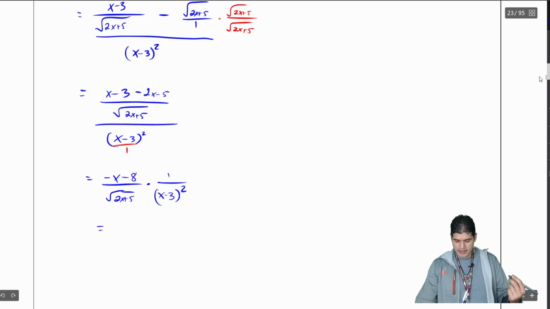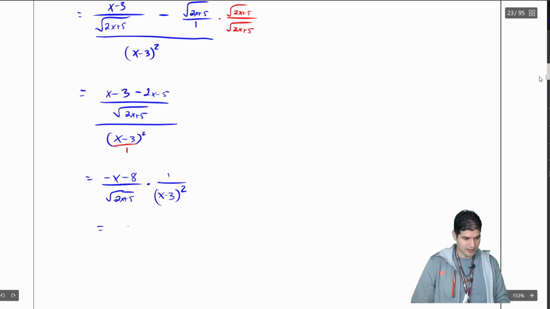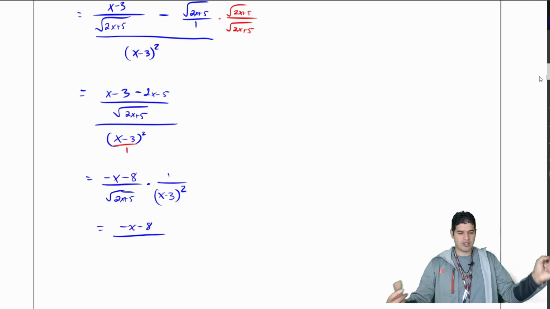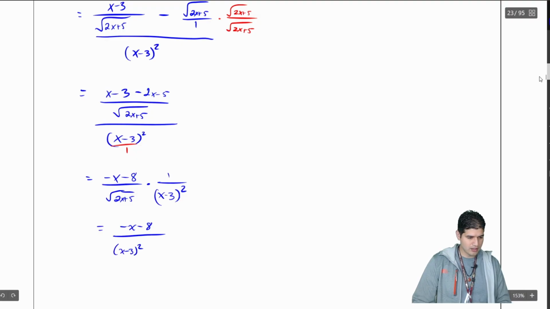Okay, so nothing's really canceling out, so I'm just going to leave this as negative x minus 8 over the square root of 2x plus 5. Actually, I think I'm going to write the x minus 3 squared first, because I like to keep the radicals at the end. So I'm going to get x minus 3 squared times the square root of 2x plus 5.